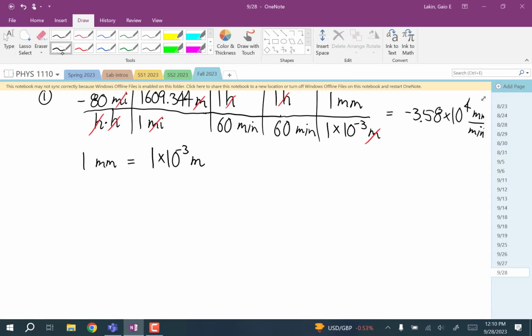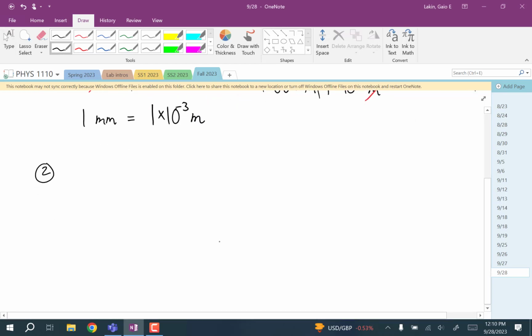Then the second question is one of those where a motion is described and you have to sketch out a position versus time graph. So this object is rolling on an incline. These two points are 1 meter apart. These two are 3 meters apart.